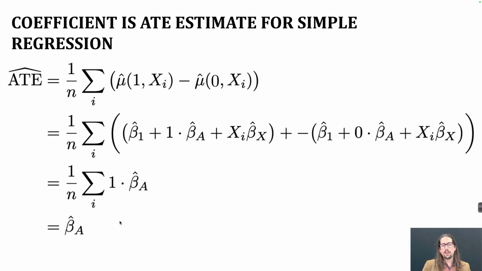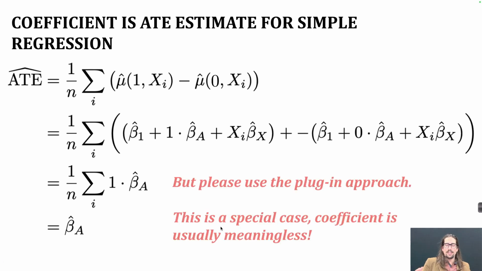So what this tells you is that for a simple regression model, you can just look at the coefficient on treatment, and that is going to be the estimate of the ATE. But this is just a special case.